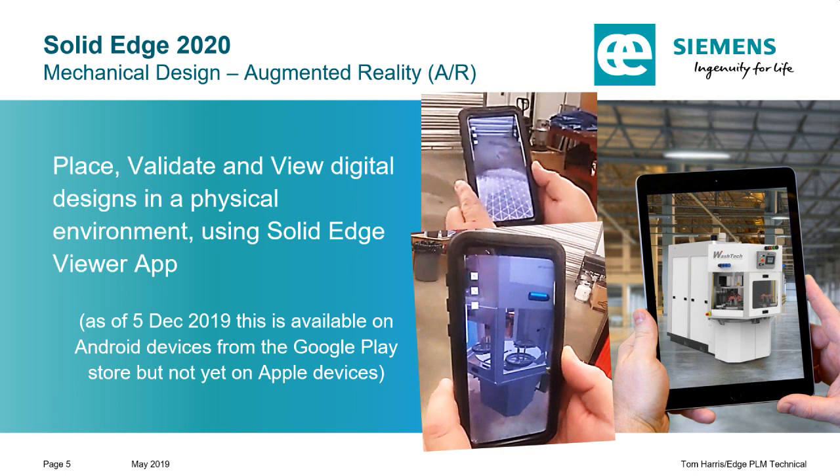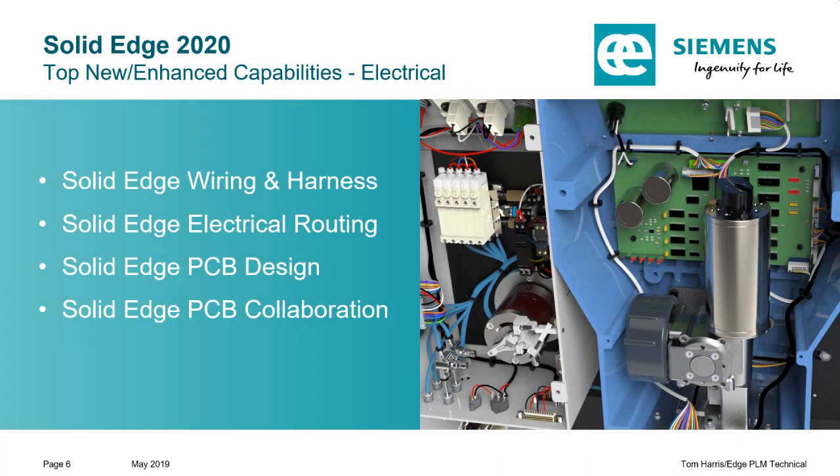As of today, this is available on Android devices from the Google Play Store. That's the Solid Edge Viewer app, but it is not yet available with augmented reality on Apple devices. So just a quick word of warning: if you're running an Apple device, it's not available at this point in time, but it is available for Samsung and Android devices.